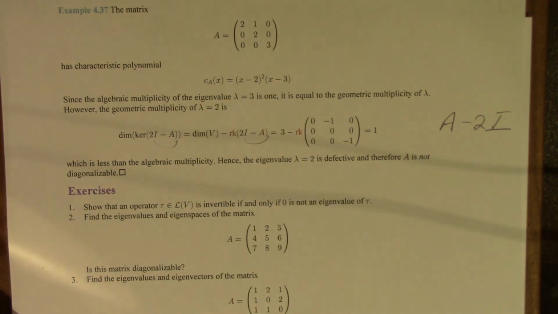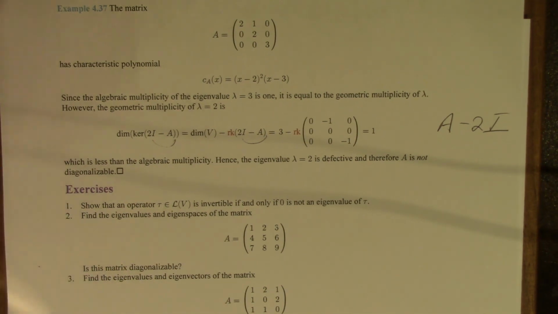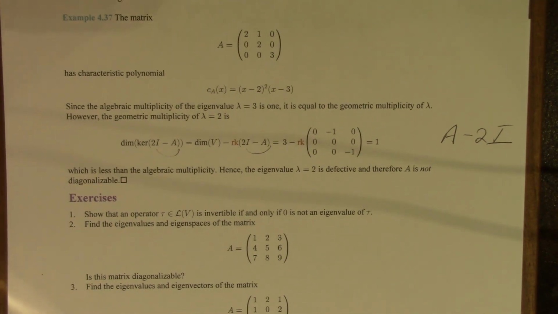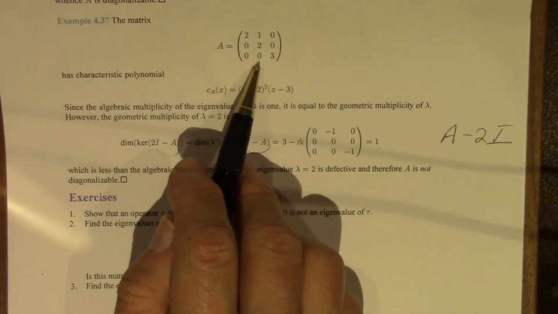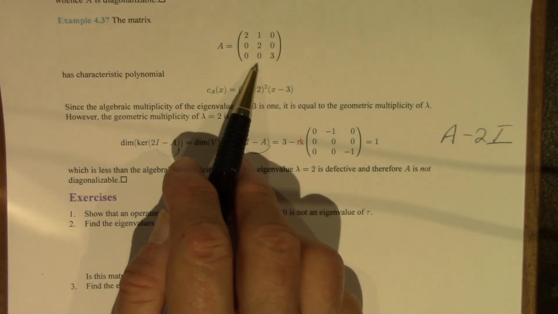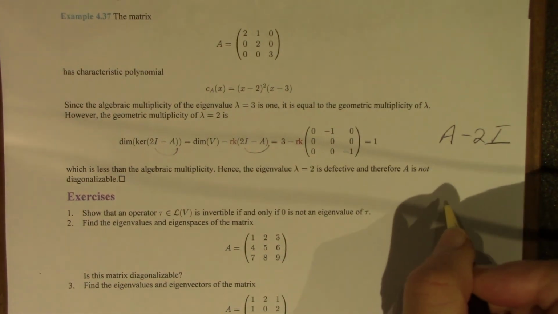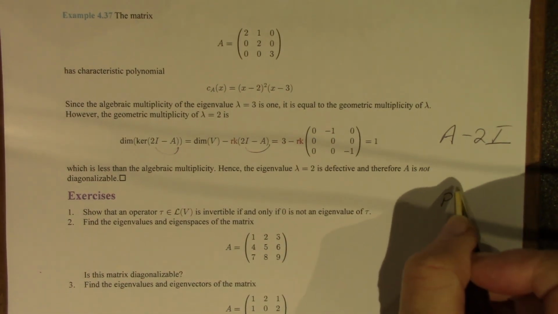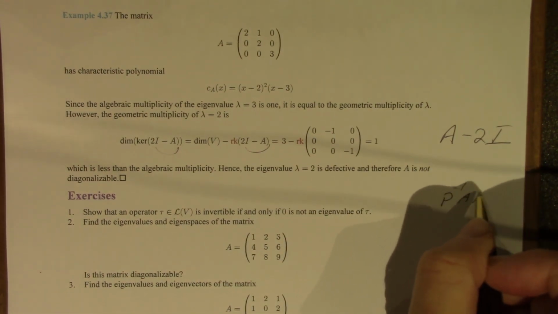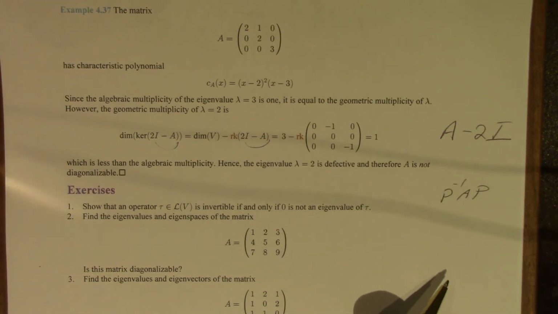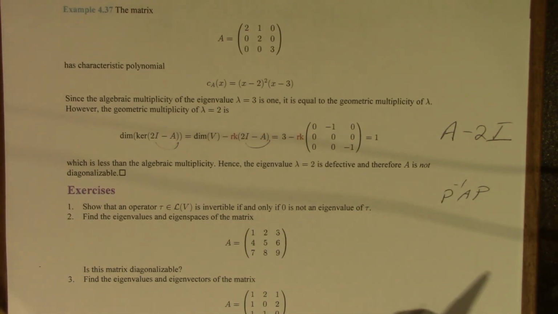Again, this reveals the power of this analysis. We were able to show that there cannot be any invertible matrix P such that this is diagonal without actually showing that directly, which would be quite a chore.